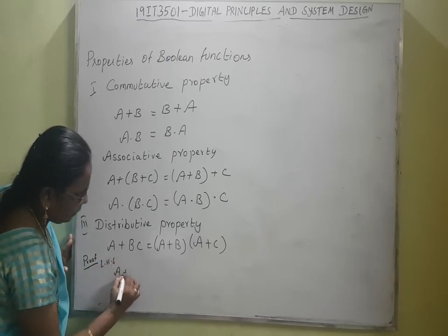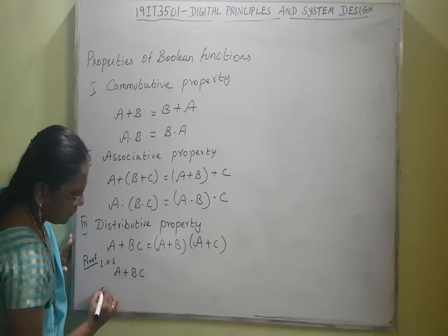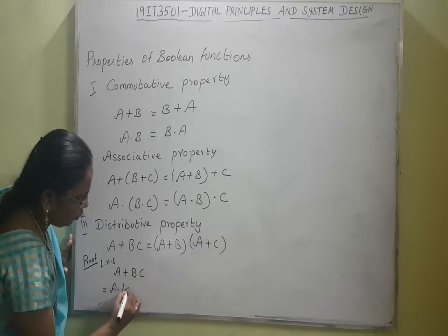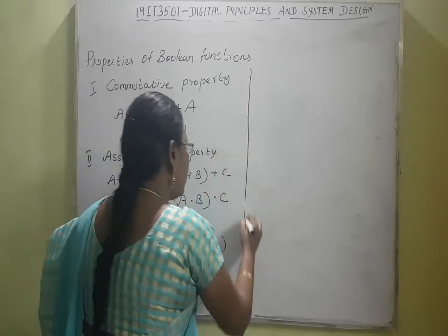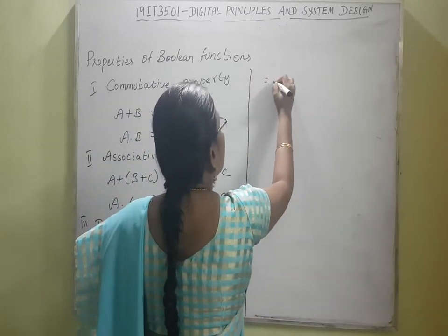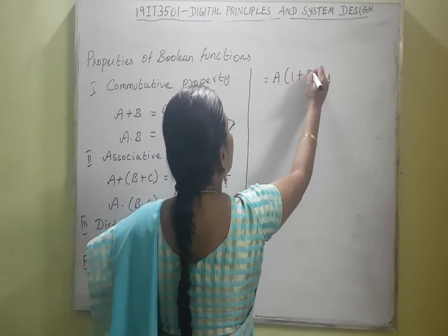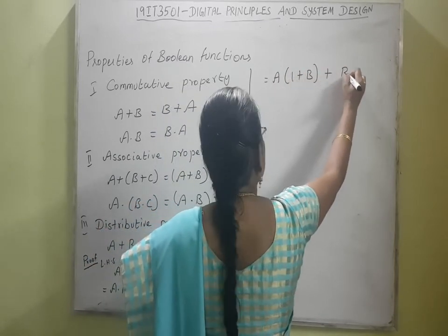That is A plus BC, which is equal to A into (1 plus BC), which we can write as A into (1 plus B) plus BC.